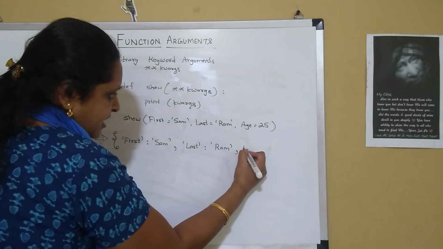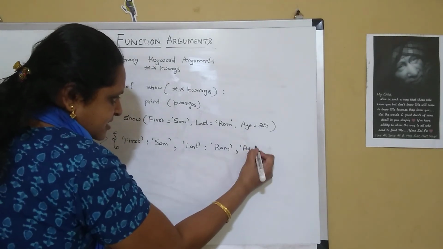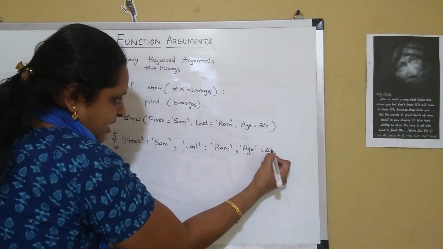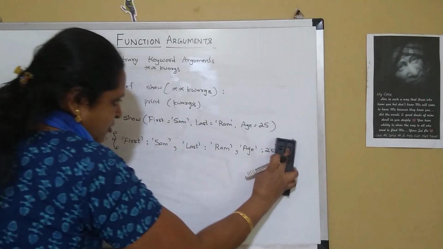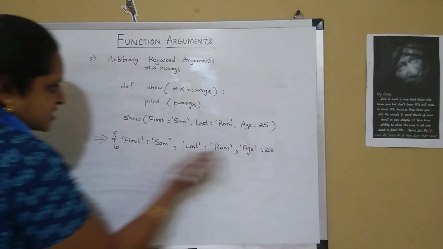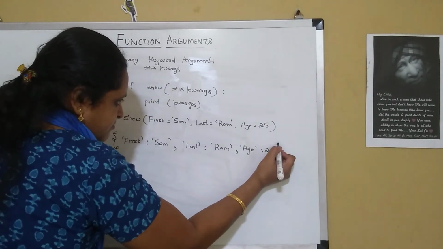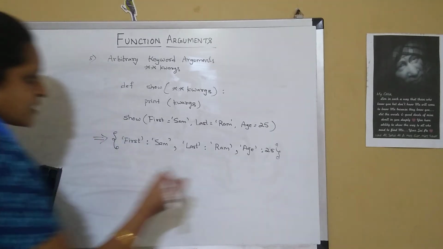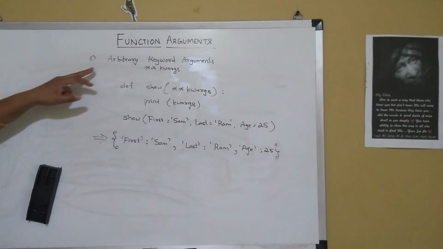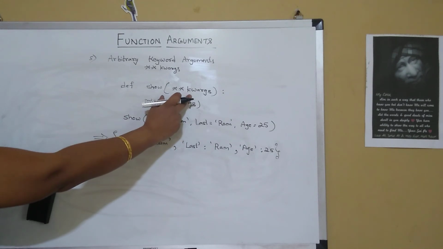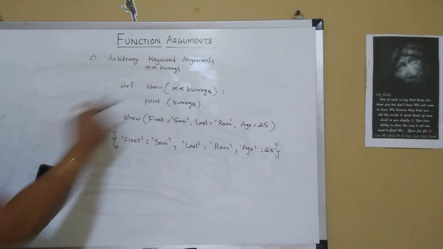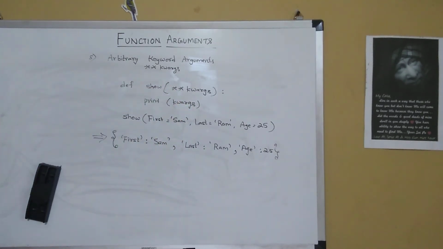Thirdly, it will have age as the key and 25 as the value. So it will print it in the dictionary format, enclosed within curly braces. So this is how arbitrary keyword arguments work. It takes n number of arguments and we can specify only one argument with double star for keyword arguments.